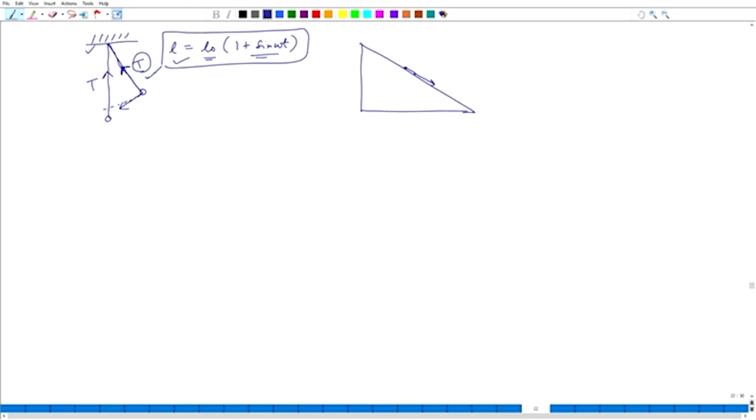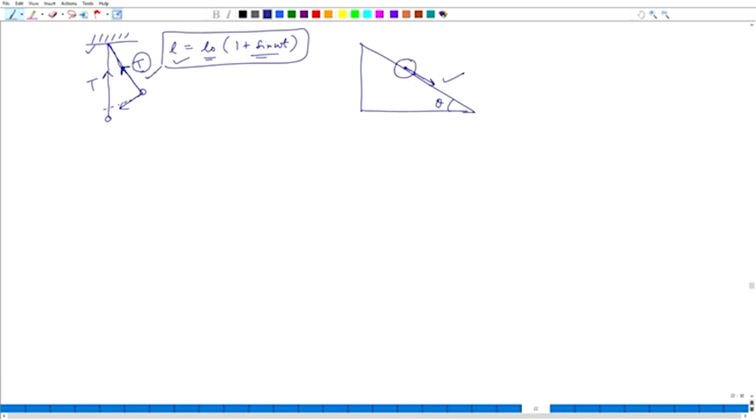The particle is moving downwards along this inclined plane with angle theta, and we impose the condition that the particle should always be in contact with this surface.